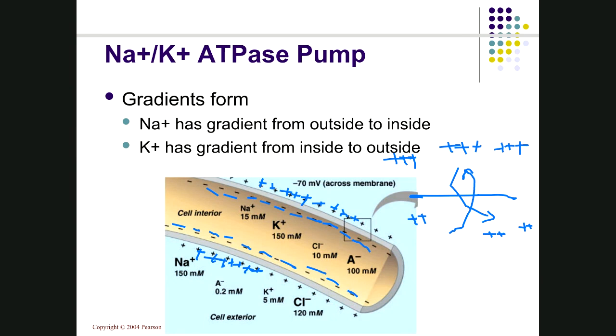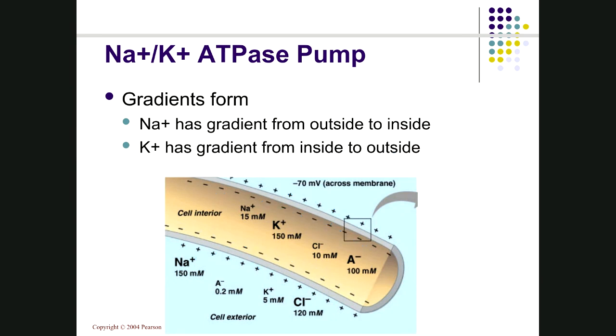So when I look at this situation, look what I've got. I've got gradients, because there's more sodium on the outside. So sodium wants to come back in. So the sodium gradient is from the outside to the inside. Potassium, on the other hand, there's more on the inside, so it wants to go out. So its gradient is from the inside to the outside.